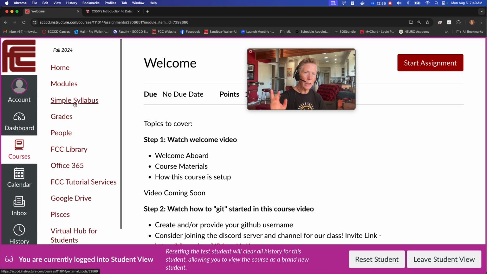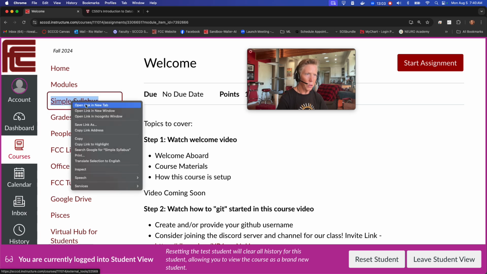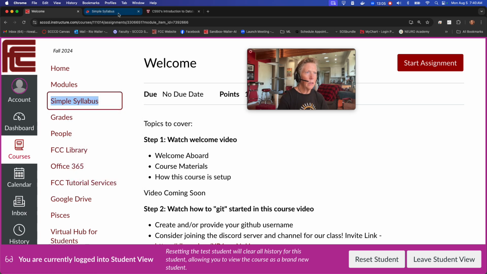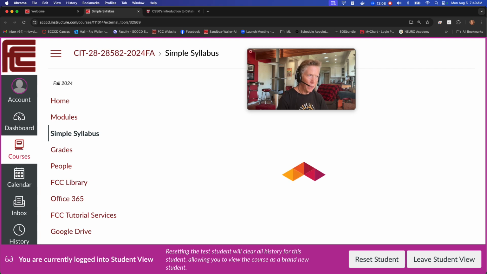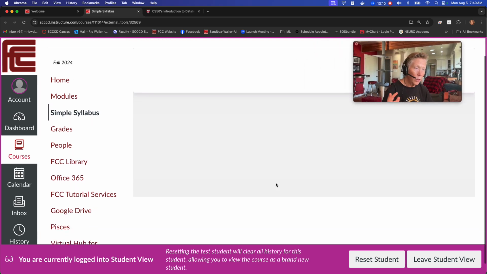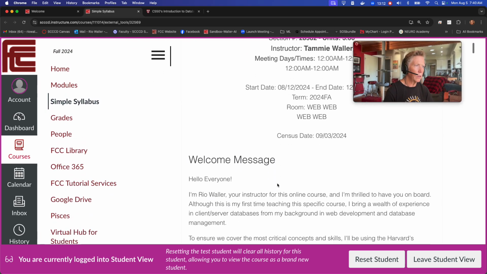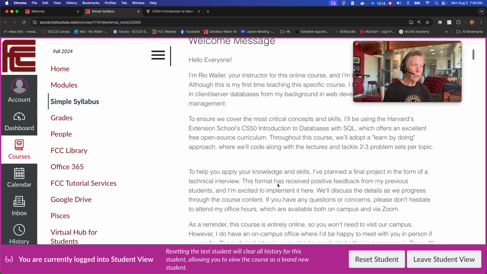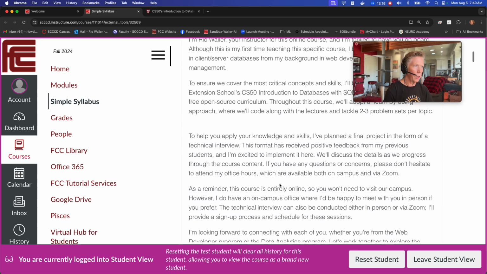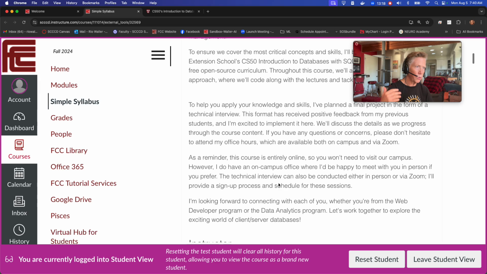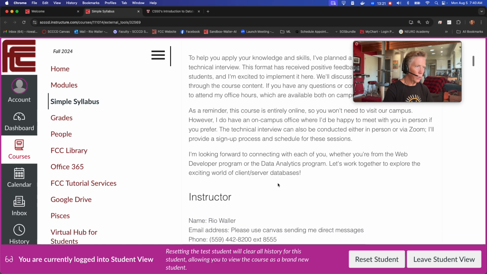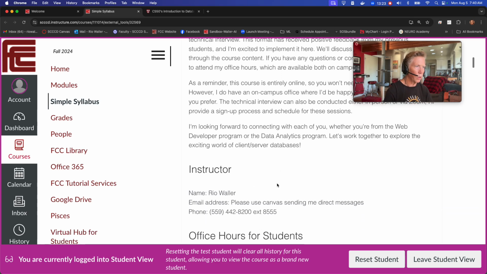Okay, the thing I want to leave you with in my recommendation is the simple syllabus. I recommend you come in here and actually read this document. I've given some written information about why I've chosen CS50. I've talked about the technical interview and why that's an important concept.